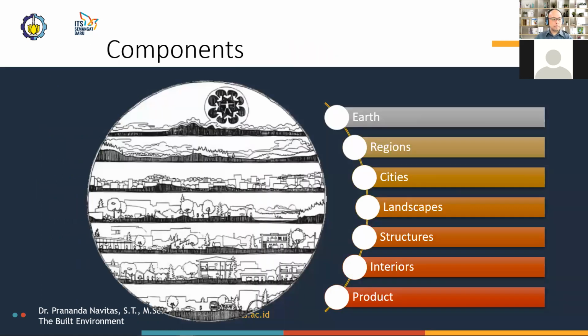We've discussed products, we've discussed interiors, and now we will be discussing structures, buildings, architecture, before we move on to next week's discussion of landscape, cities, and so on. Hopefully by the second half of this semester, we'll be able to tie those components in and better understand how each and every one of those components reacts.